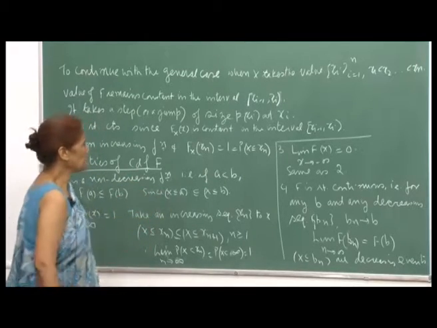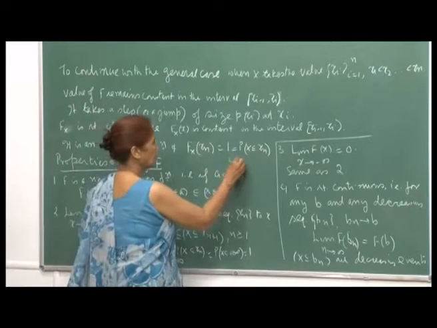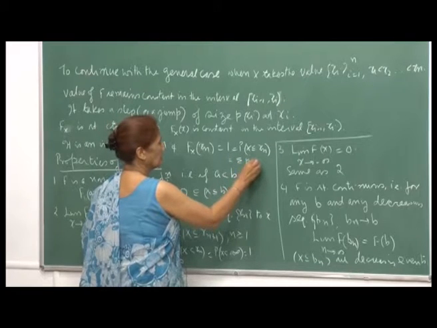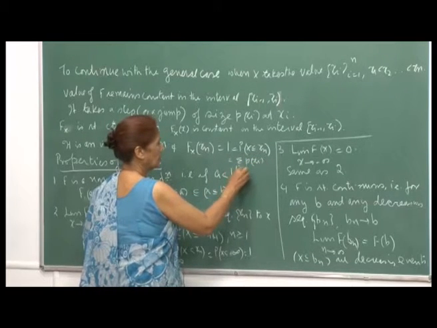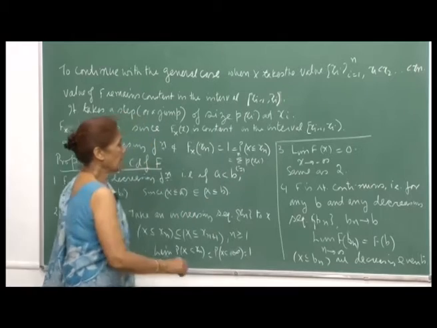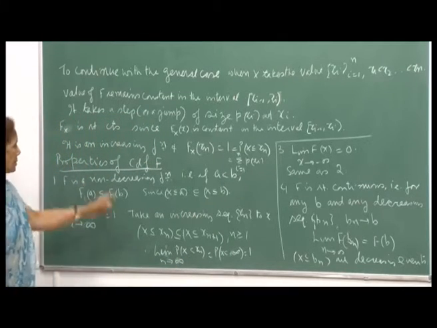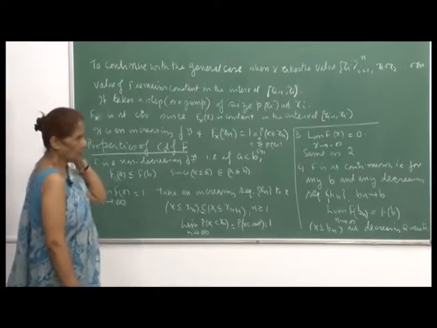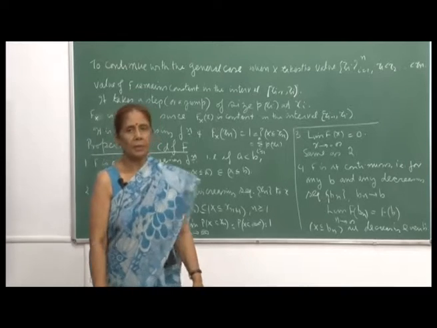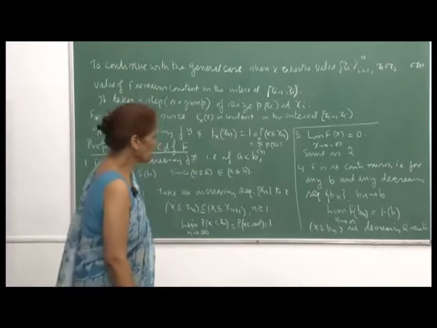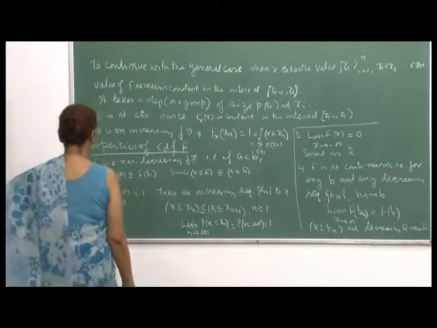So all the probabilities have been added up. So this is nothing but the summation over i from 1 to n, and therefore it must add up to 1. Now let me formalize the properties of the cumulative distribution function.